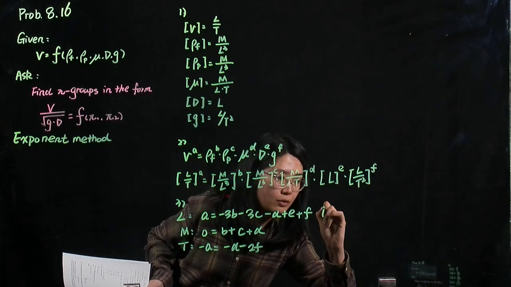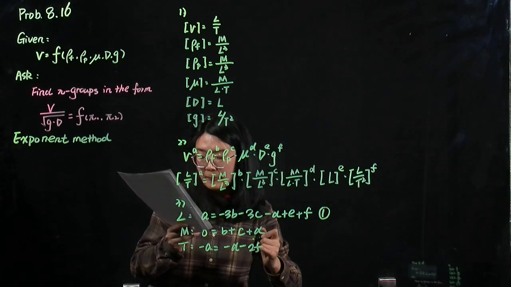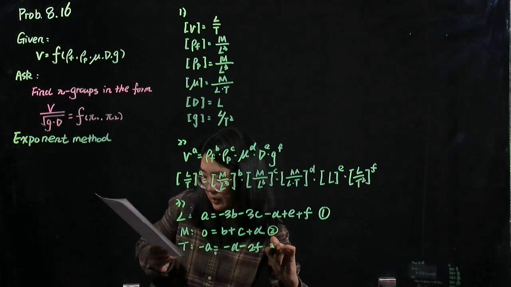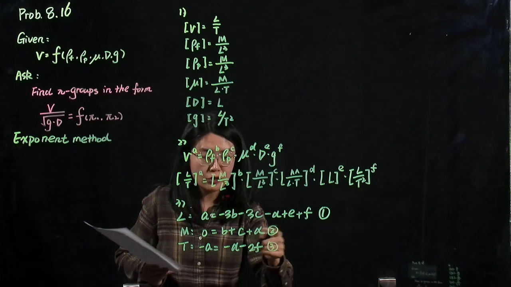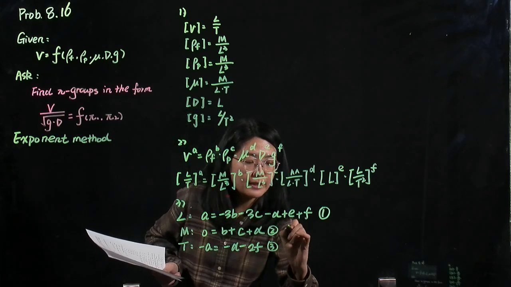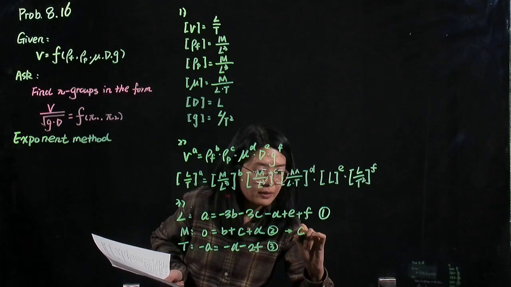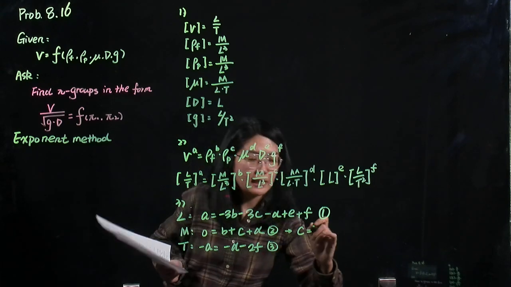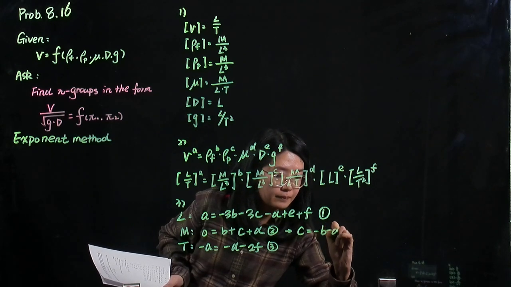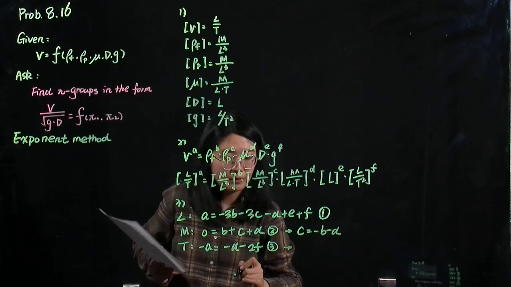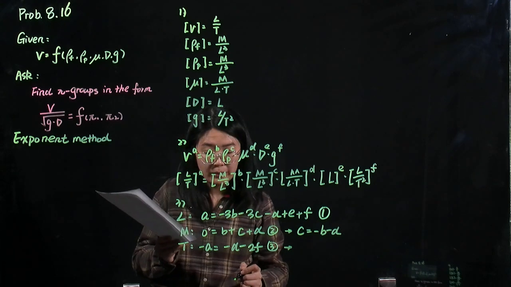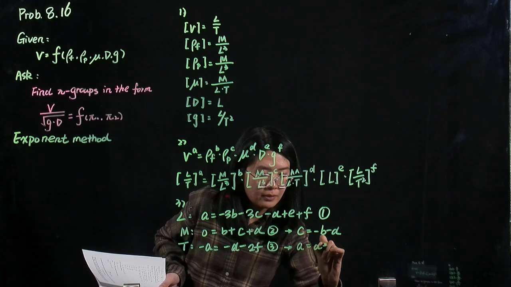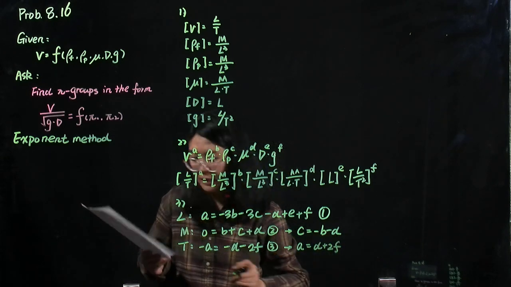Okay, so we call this equation 1, this one equation 2, and this one equation 3. From equation 2, if we put the C to the left-hand side, C equals minus B minus D. For the third equation, we can get A equals D plus 2F, right?